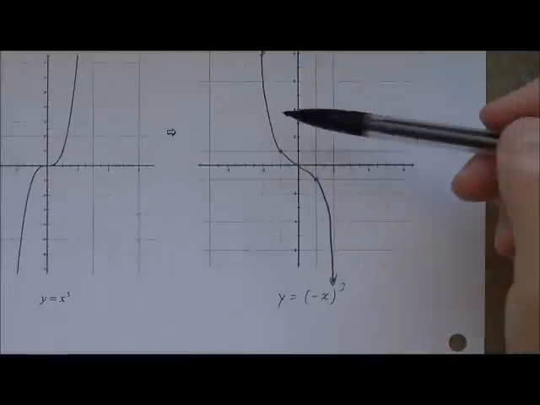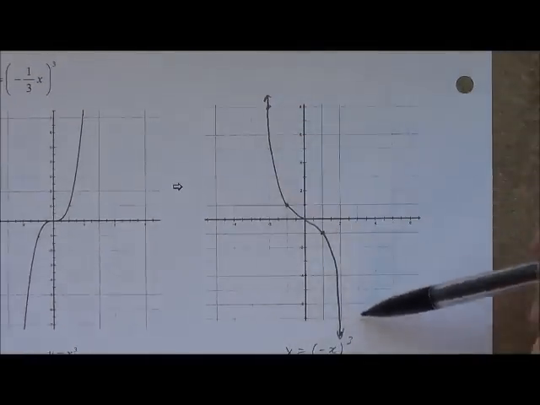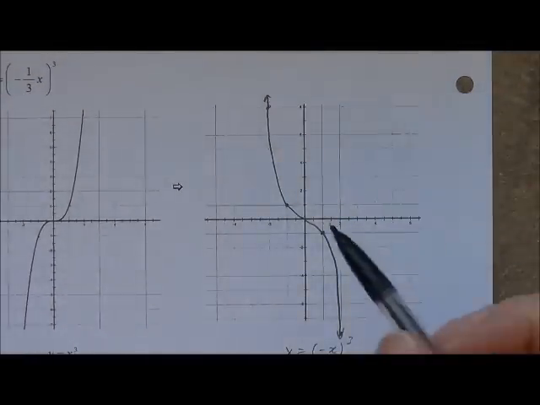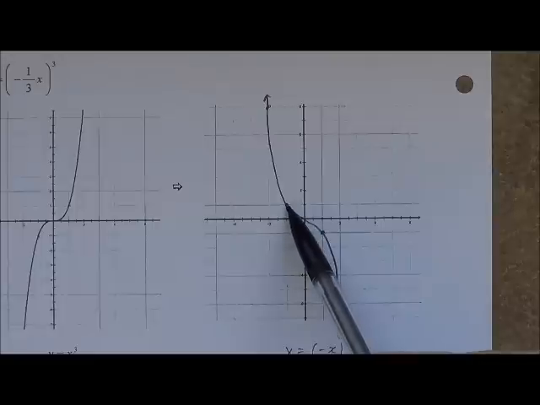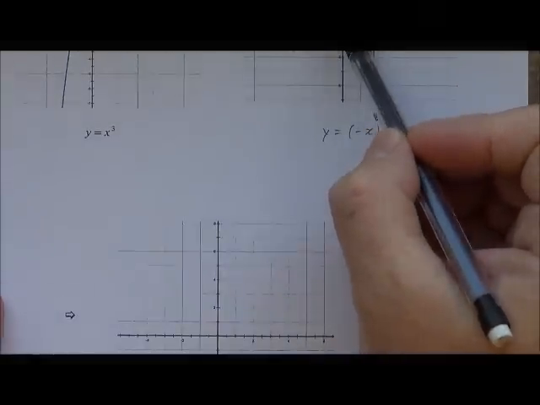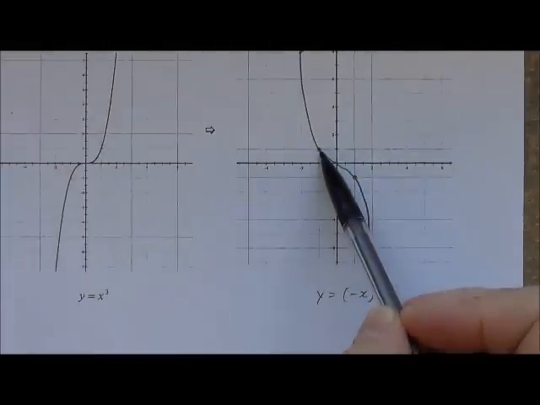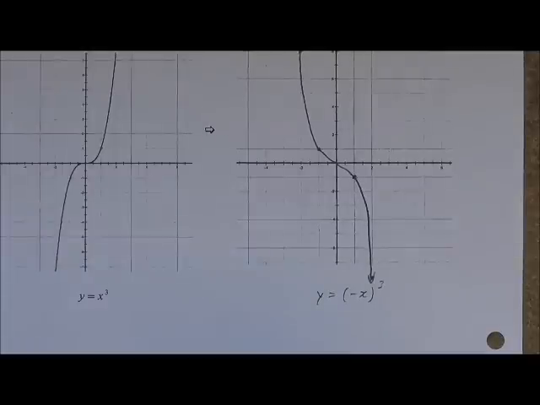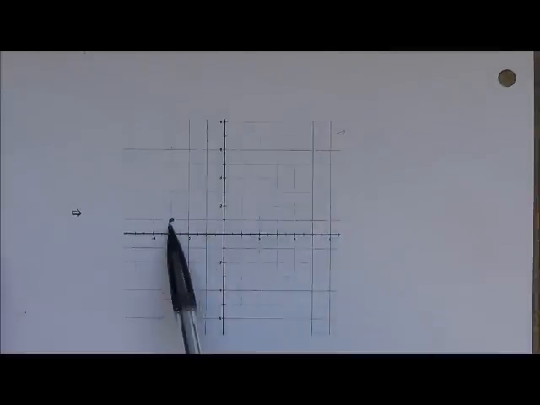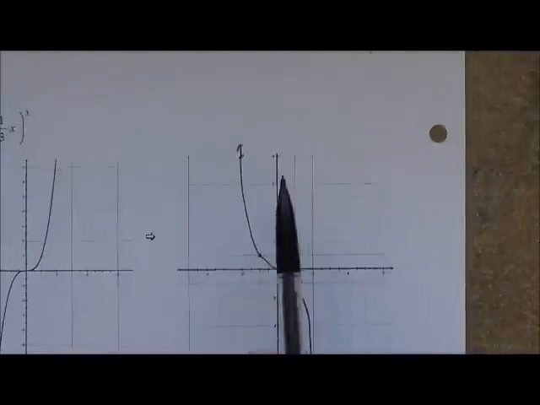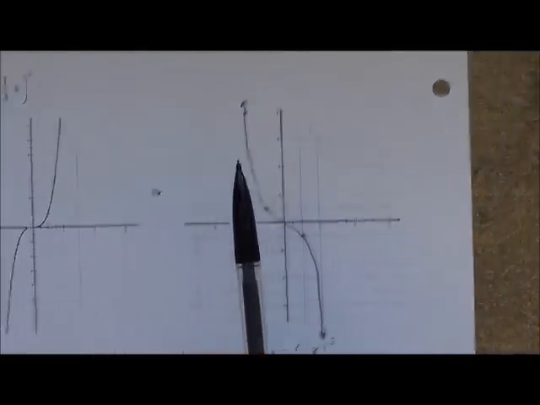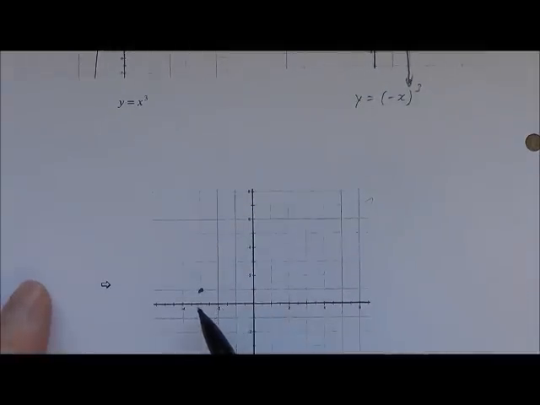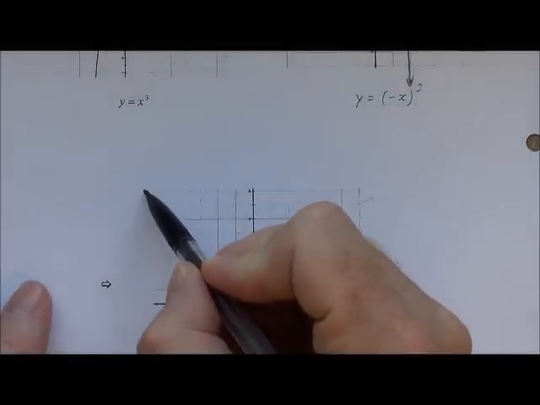So we'll take this secondary graph here that we drew, and then instead of dividing all the x values by 3, we're actually going to multiply all the x values by 3. So this point at negative 1, 1 becomes negative 3, 1, right there. The point at negative 2, 8 goes to negative 6, 8, which is way out here.